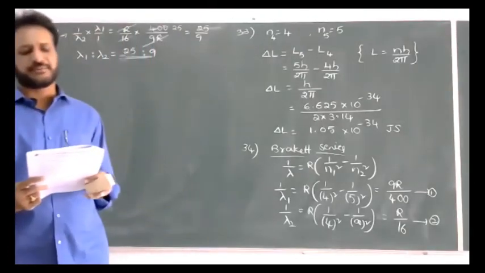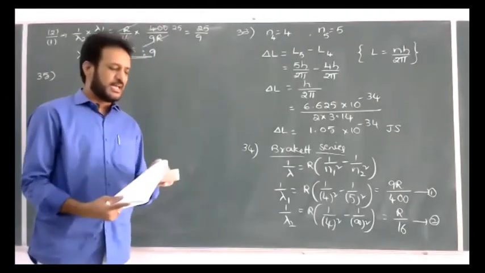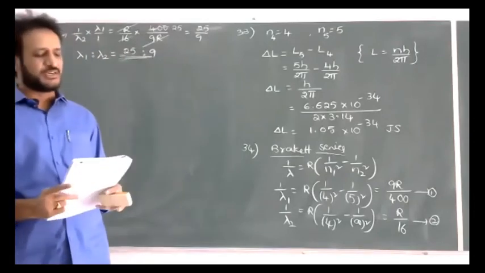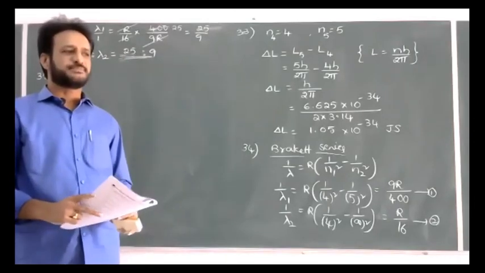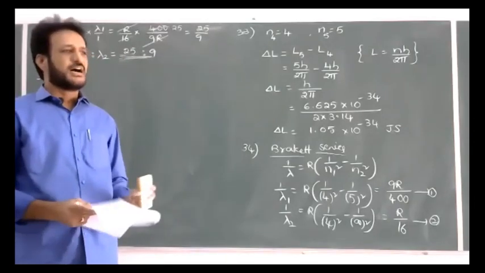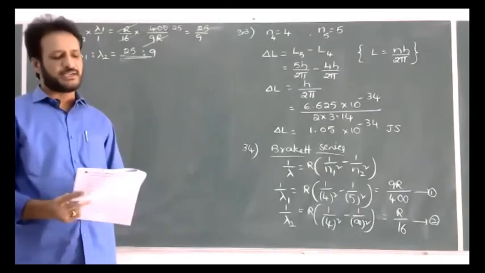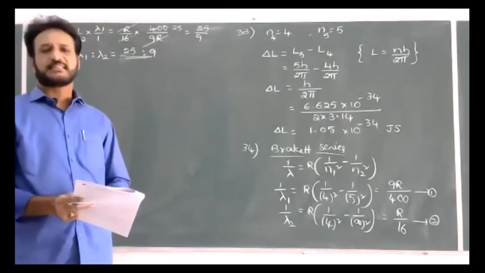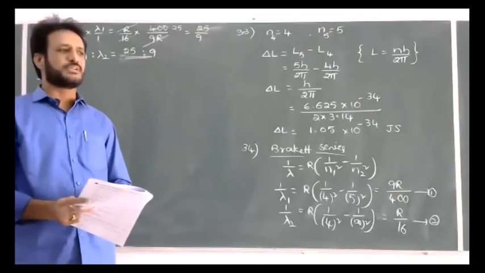Ionization potential of hydrogen atom is 13.6 electron volt.